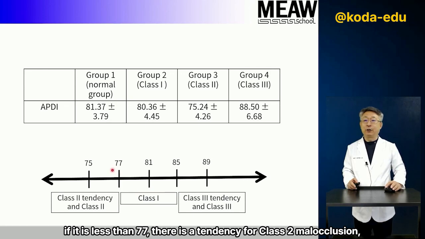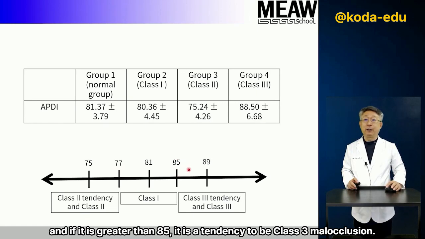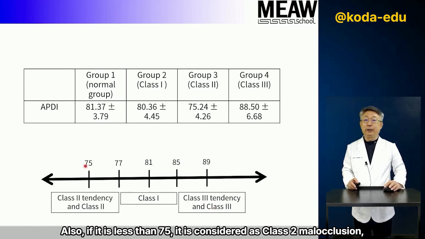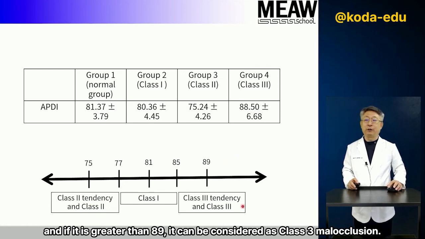If it is less than 77, there is a tendency for class 2 malocclusion. And if it is greater than 85, there is a tendency for class 3 malocclusion. Also, if it is less than 75, it is considered class 2 malocclusion. And if it is greater than 89, it can be considered class 3 malocclusion.